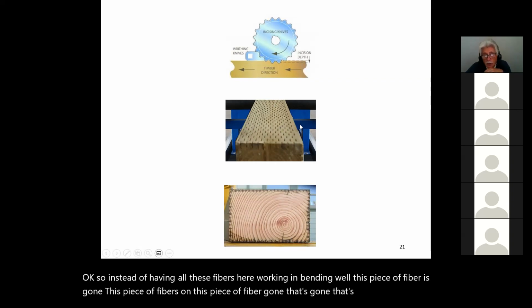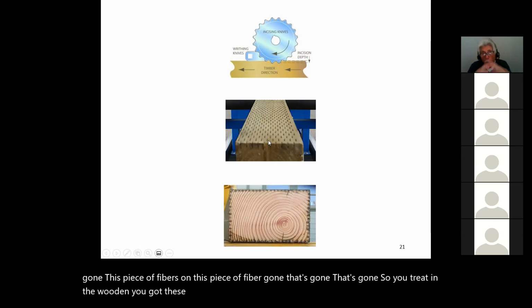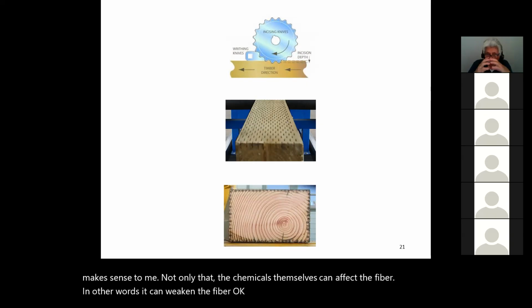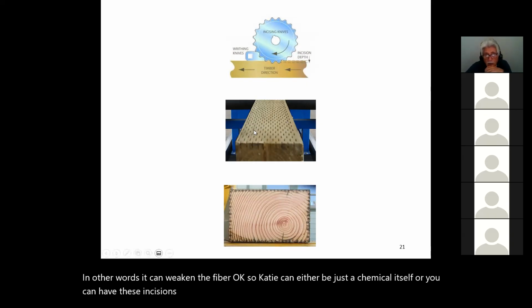So when you're treating the wood and you have these incised lumbers, you have to reduce the MR value. And that makes sense to me. Not only that, the chemicals themselves can affect the fiber. In other words, it can weaken the fiber. So KT can either be just the chemical itself, or you can have these incisions that actually will damage the fiber, so therefore the piece of lumber is weaker.